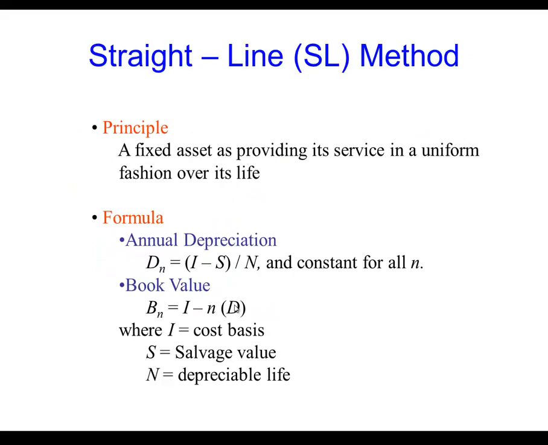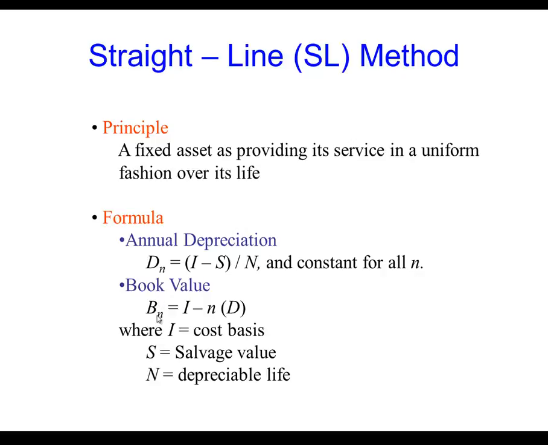The straight line method provides a service in a uniform fashion over the item's life, and in this case the annual depreciation, with D for depreciation, will equal I minus S divided by N, and it's constant for all n.